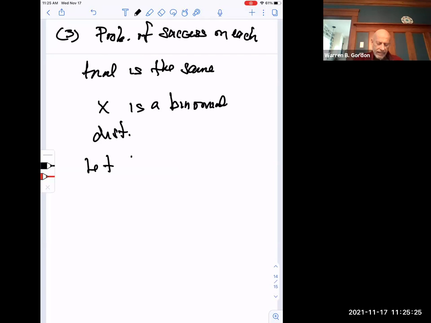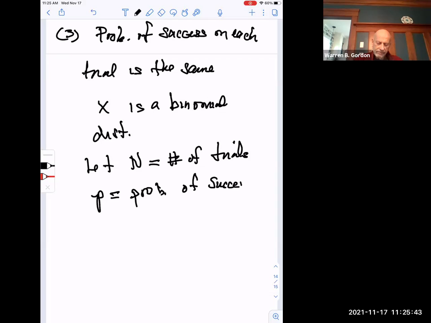I'll let N equal the number of trials, and let's let P equal the probability of success. And Q will be the probability of failure. Okay?